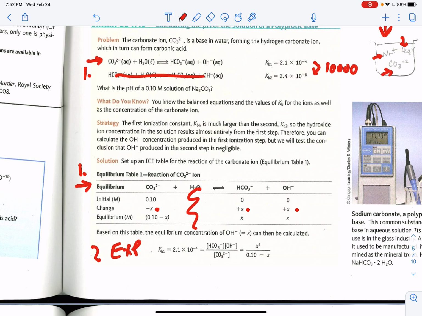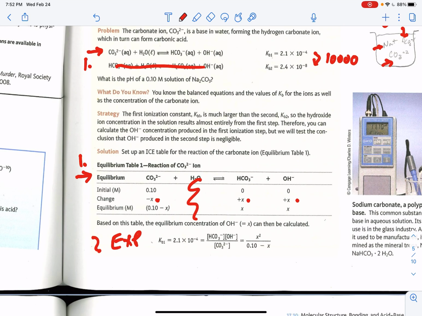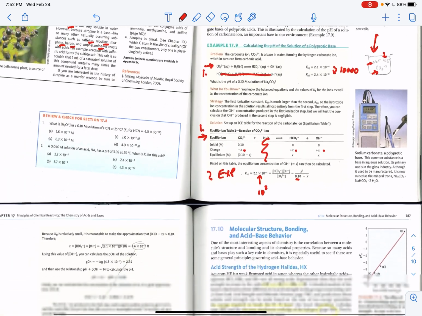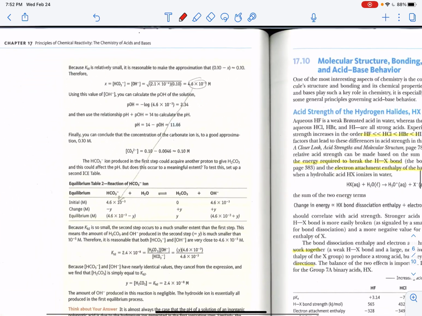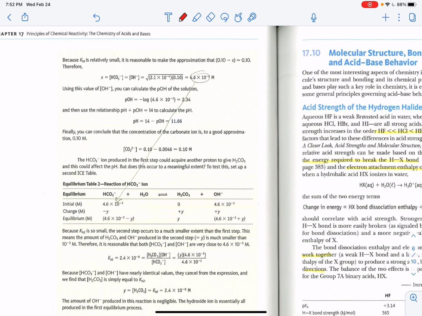We're going to plug our numbers in down here, and you can see it's starting to look like a quadratic equation. In fact, if we take our Ka, multiply it by 100, we get 10 to the minus 2, and we're looking here at 10 to the minus 1. So it might be a little bit too close for comfort. It might not be a bad idea just to go ahead and consider it.